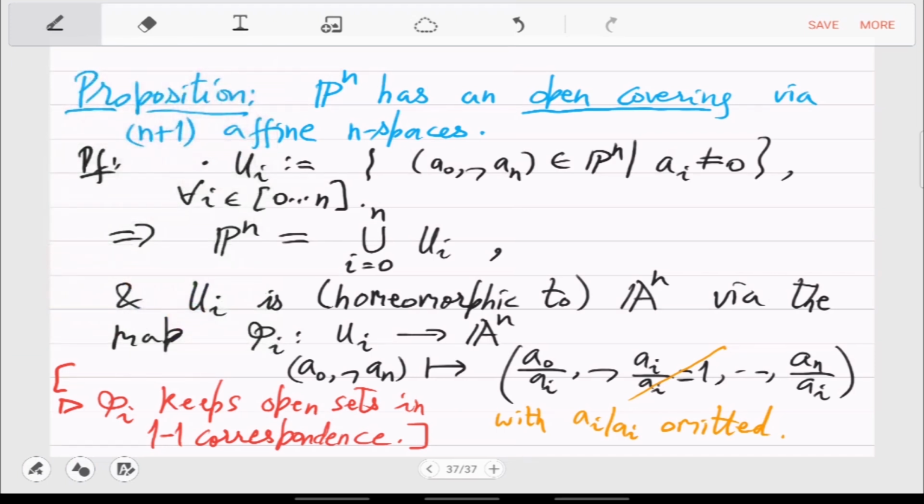So, this together with the cover union of Ui being P raised to n, we have basically decomposed P to the n into open subsets, each of which is the affine n space. Are these Ui's disjoint? I mean, there is no way to compare them, right, because the coordinates that you are dropping are coming from different places.